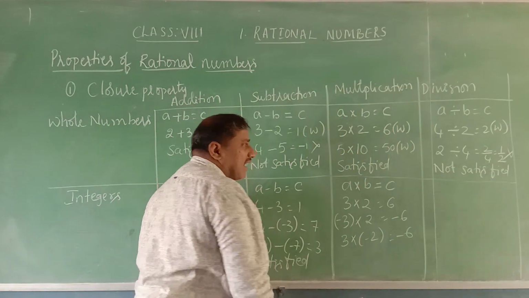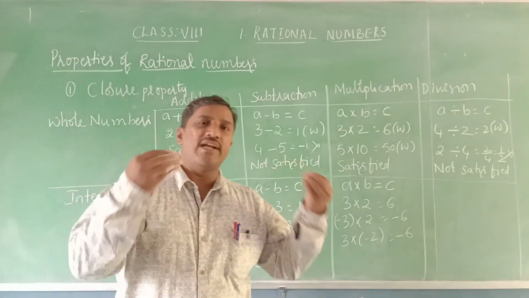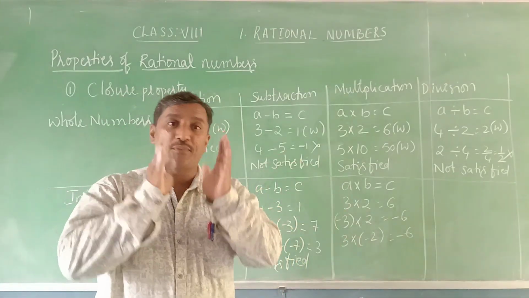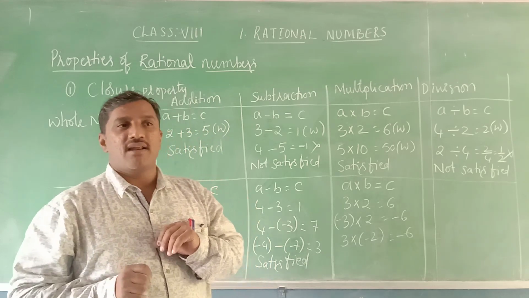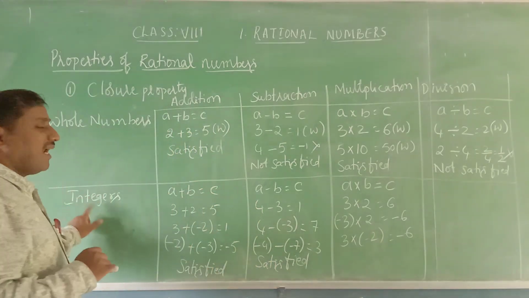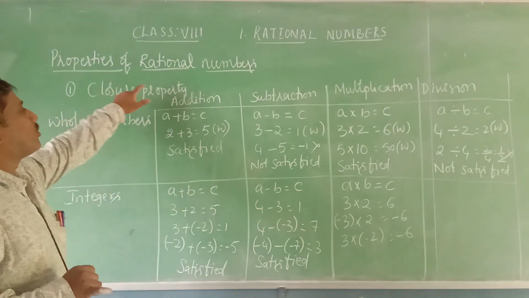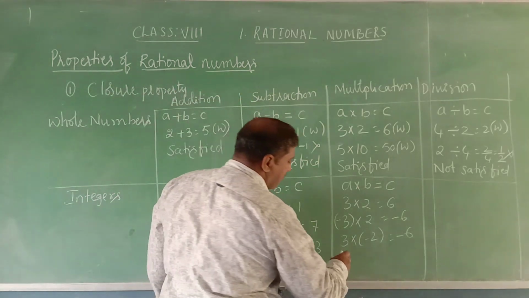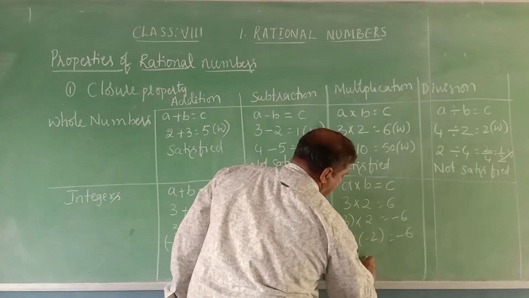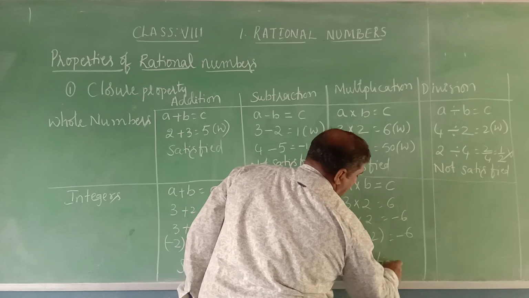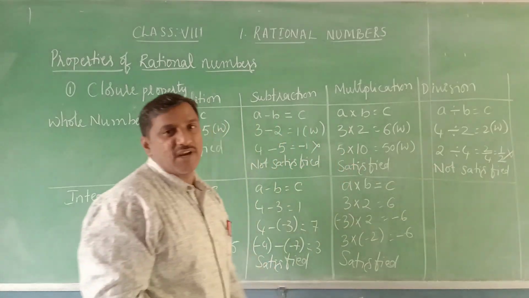So take any two integers and multiply, the product is also an integer. Hence we can conclude that integers satisfy closure property under multiplication.